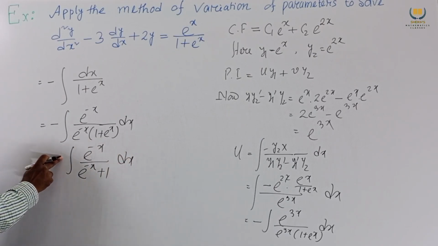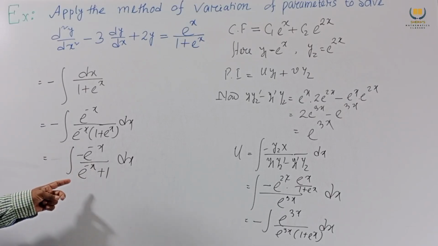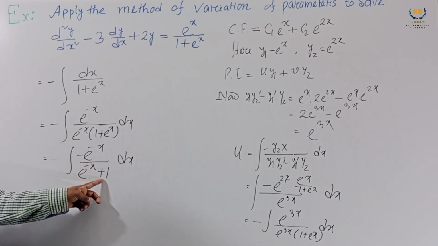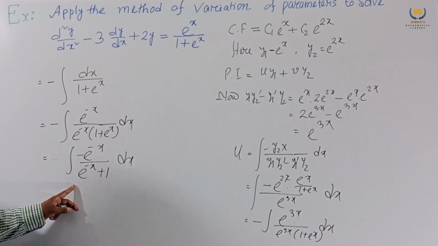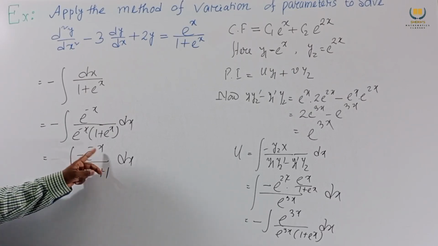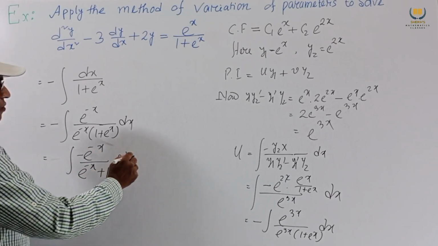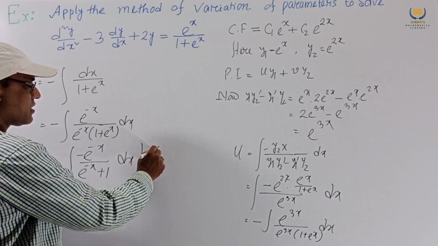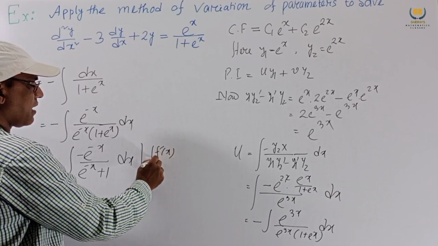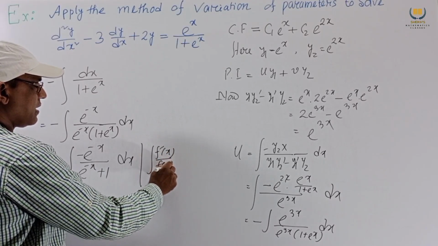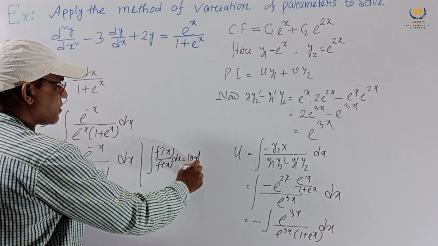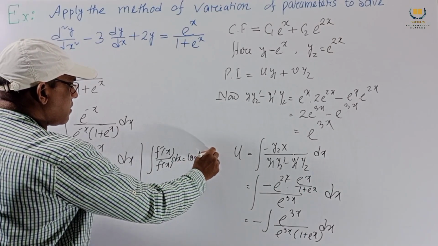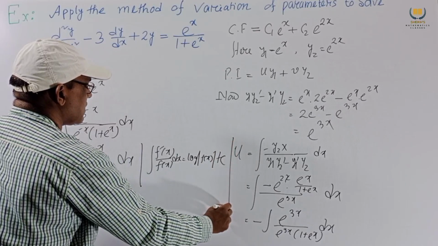So this minus we write here. If we differentiate e to the power minus x plus 1, we get minus e to the power minus x. This result we get. That means we know the formula: integration of f dash x by f x dx is log modulus of f x plus c.